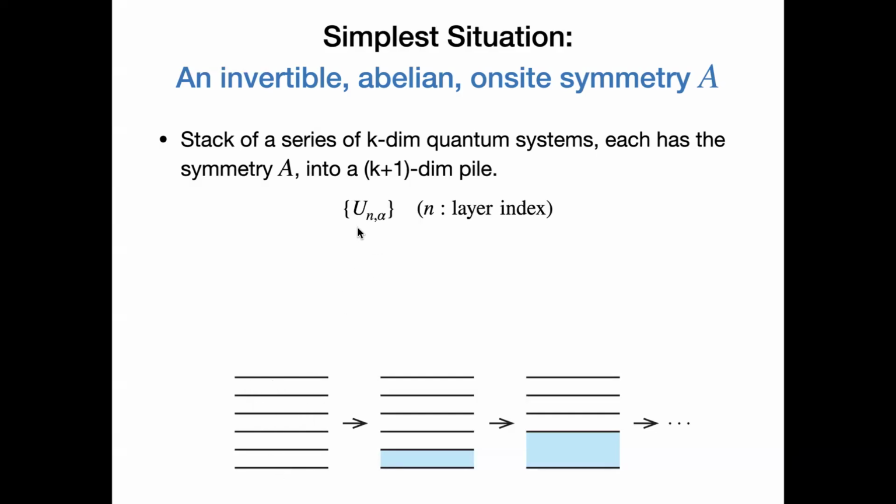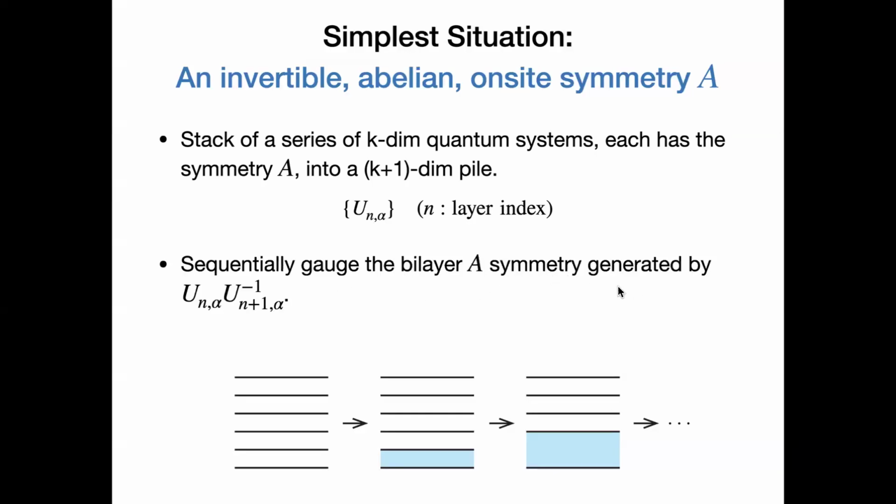At this moment, these different layers are decoupled, and each of them has a symmetry A. I will use the notation U sub n comma alpha for the symmetry generators, where n is the layer index and alpha is the internal index labeling the different generators of the symmetry A. So for each given layer index, U sub n alpha generates a symmetry A acting on that particular layer.